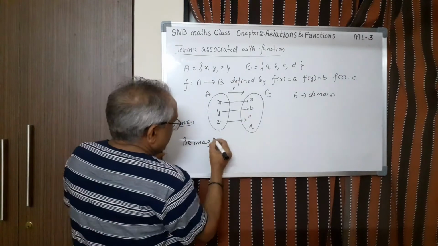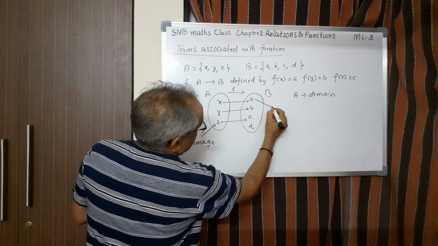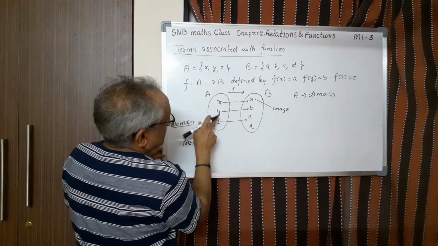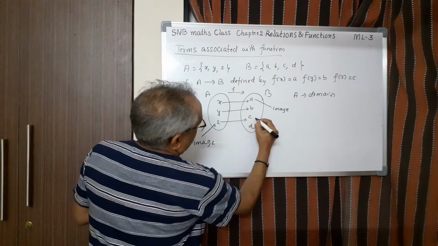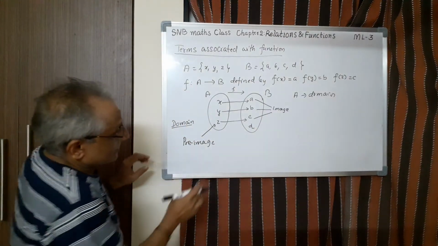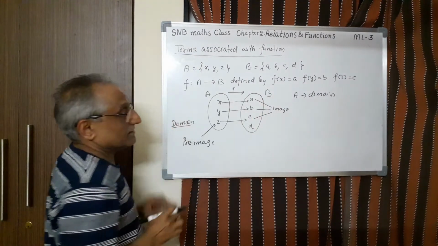Then here a, b, c are images: a is the image of x, b is the image of y, c is the image of z. But this d is left out. This is not an image. So only a, b, c are images.